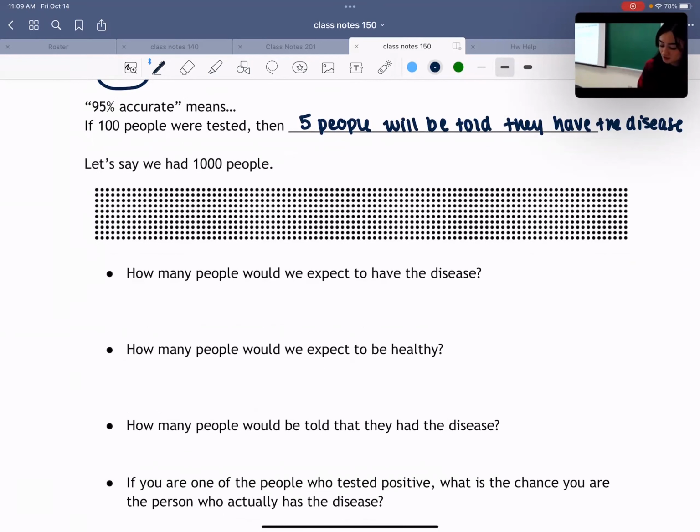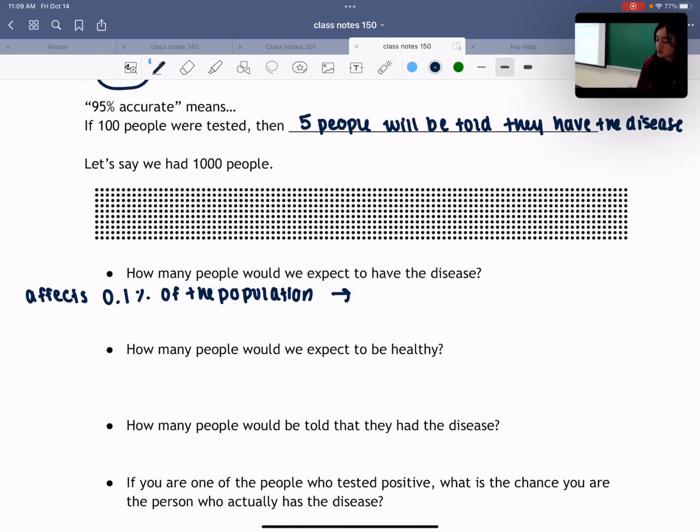Well, the disease affects 0.1% of the population, right? Which means out of the 1,000 people, 0.1% of the 1,000 are going to have the disease. A way to write this is, let's write 0.1% as a decimal first, because it's kind of hard to deal with percents.